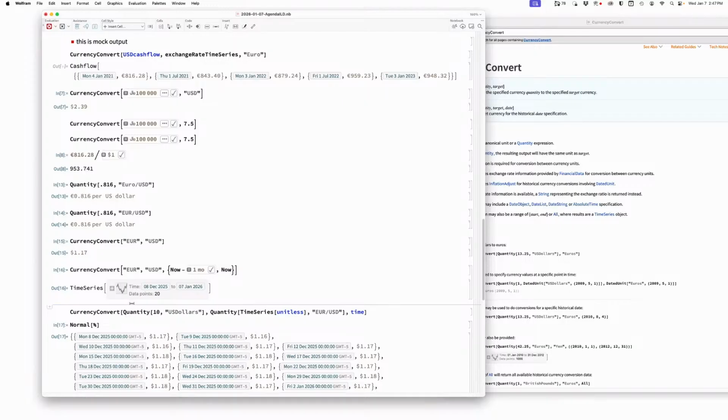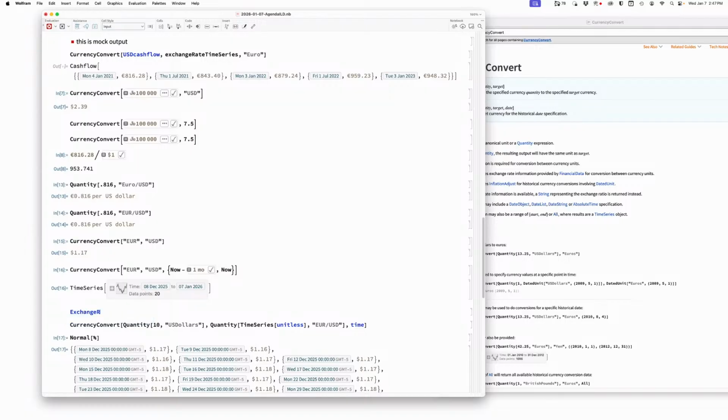I mean, we could also just have a thing called exchange rate, where we leave currency convert as it is. So this is not actually converting it or converting it at different times. It's just saying given the exchange rate as a time series, or as a point in time, it's just a number. But that number would be in euros per dollar. I'm sorry, in this way around, it's dollars per euro.